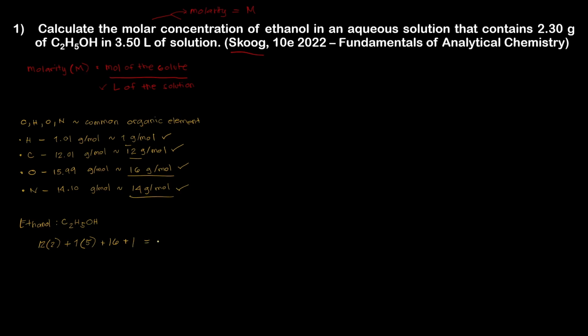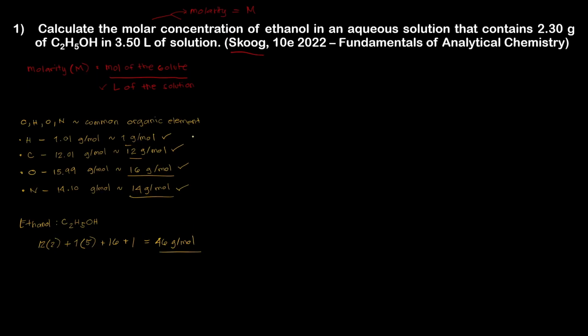Adding these would be the molar mass of ethanol, which is approximately 46 grams per mole. So you have calculated the molar mass of ethanol without looking at your periodic table.